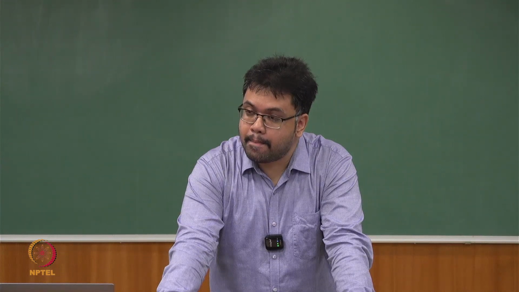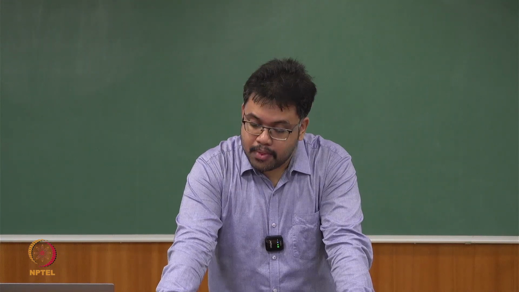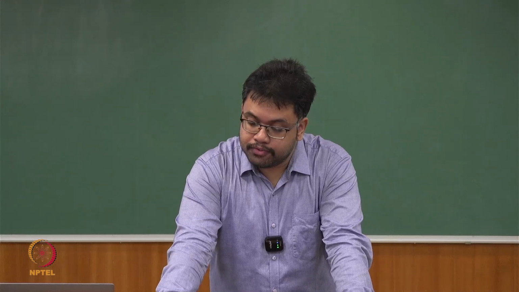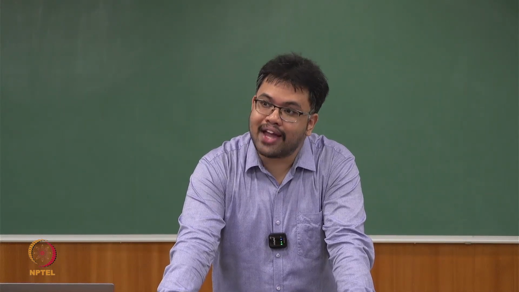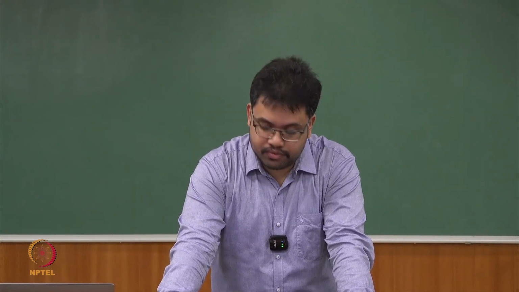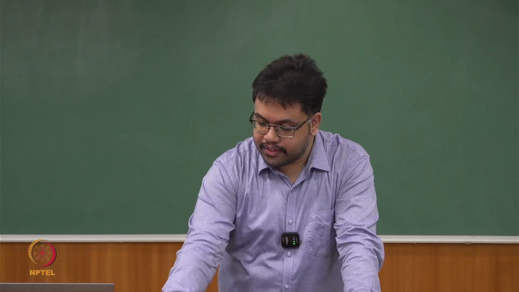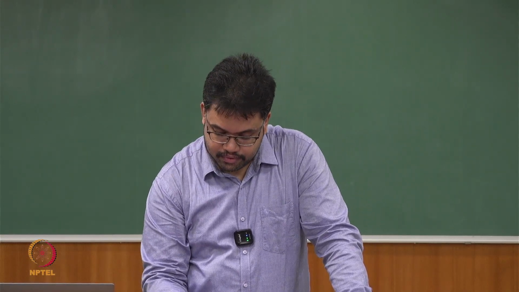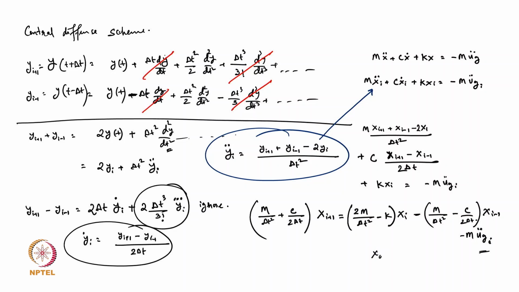Very good. So initial time, if you know that means first you put i equal to 0. In this case it will become like x0, because this thing is known to us. Let me first mark.